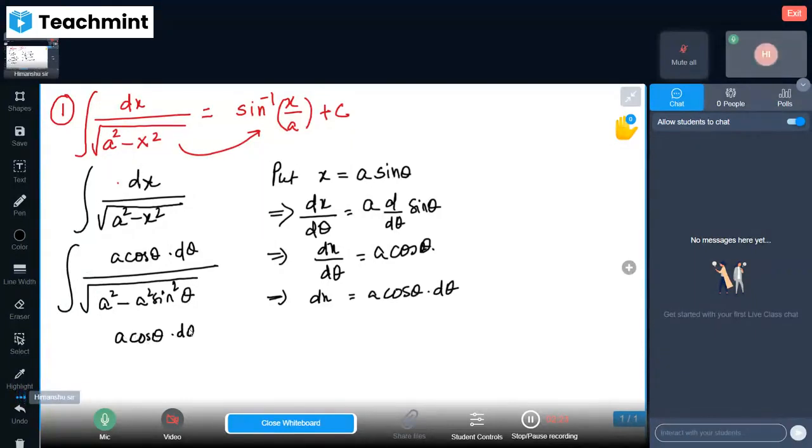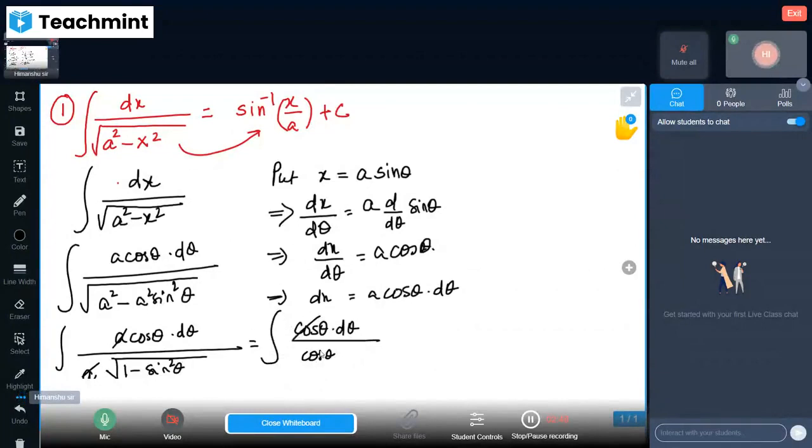Further simplifying, a square is taken outside, so this becomes a, and here the square root of 1 minus sine square theta. So a cancels out. So cos theta d theta upon the square root of cos square theta, which is cos theta.